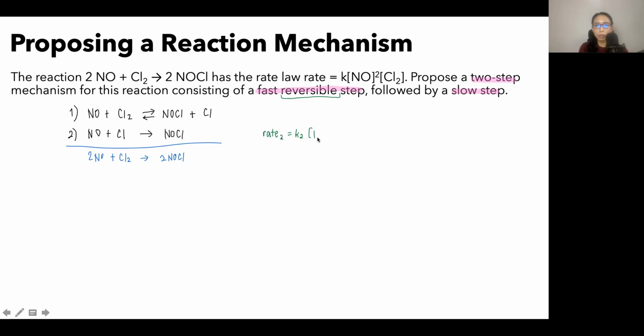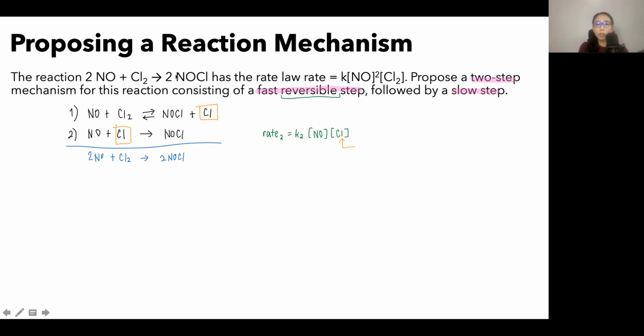Now, the problem with the second step is that you have an intermediate appearing in it. Your intermediate is the monoatomic chlorine, so it's in the rate law for the slow step. So we need to find a way to eliminate this, and that's where the equilibrium method comes in.